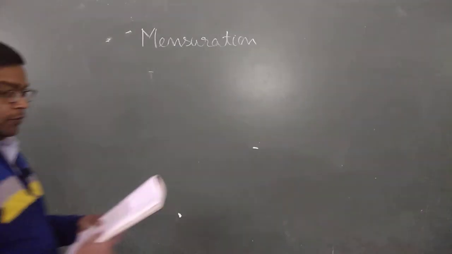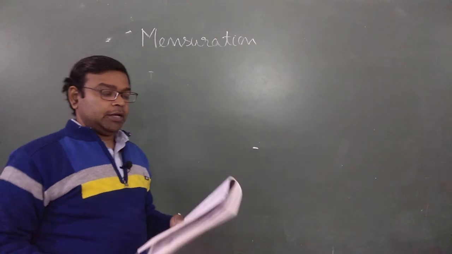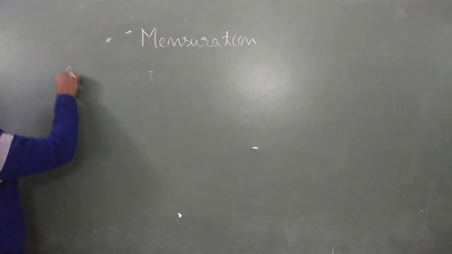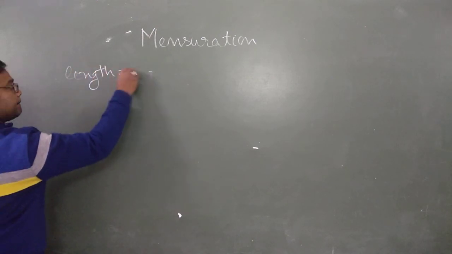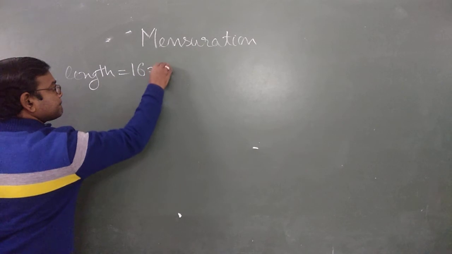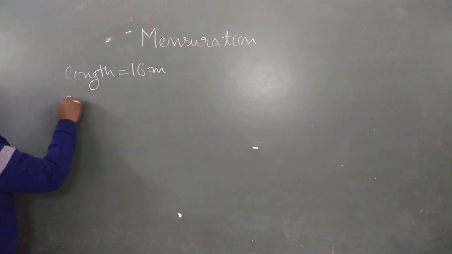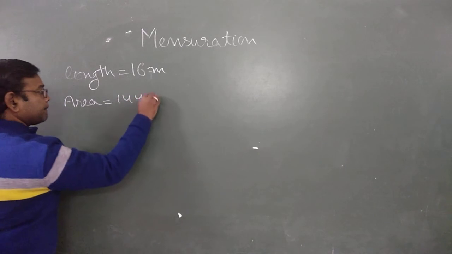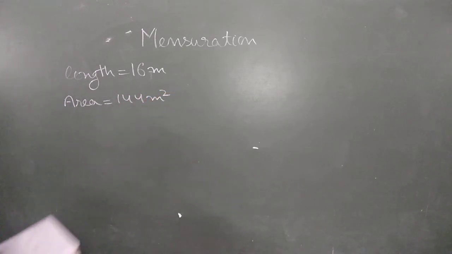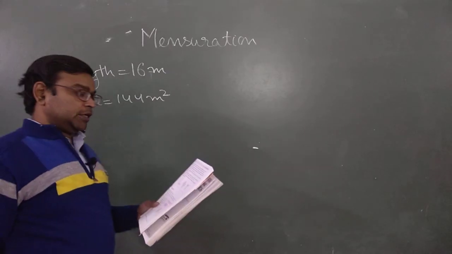It says that the area of a rectangular plot is 144 square meter and the length is 16 meter. Here the length is given to you. The area is also given to you, in meter square, and the plot is rectangular.